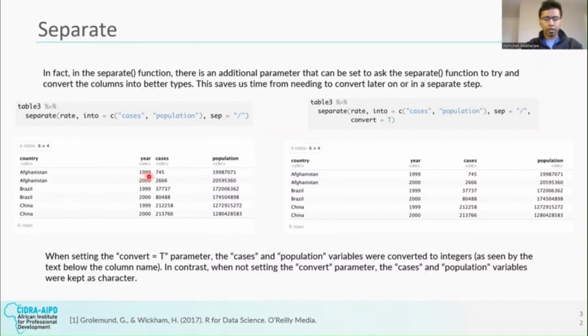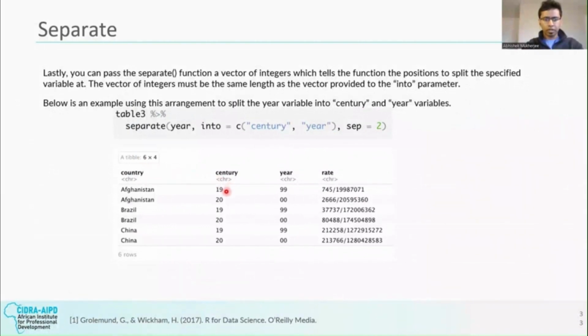So 199 would have been saved in the century column, and just 9 would have been saved in the year column. This would have been the case if the separator keyword had the value of 3. And like I said, we would go through this when I do the screen share of my RStudio screen.